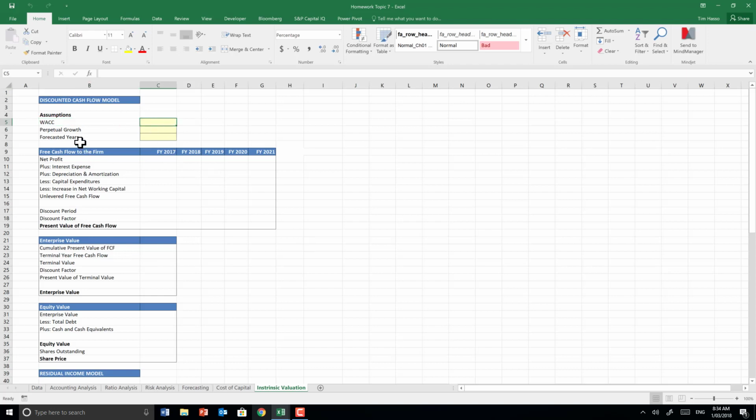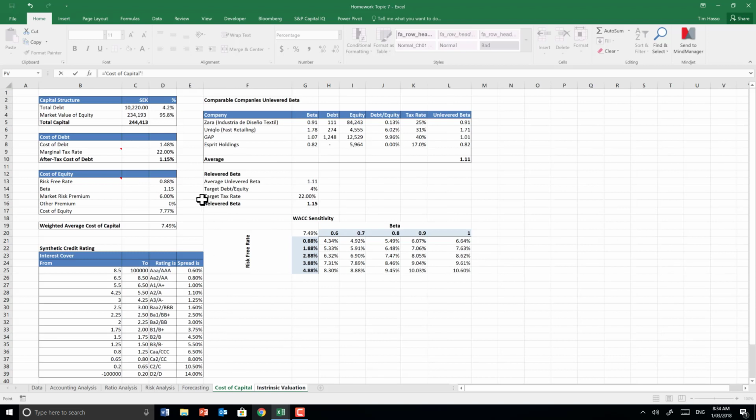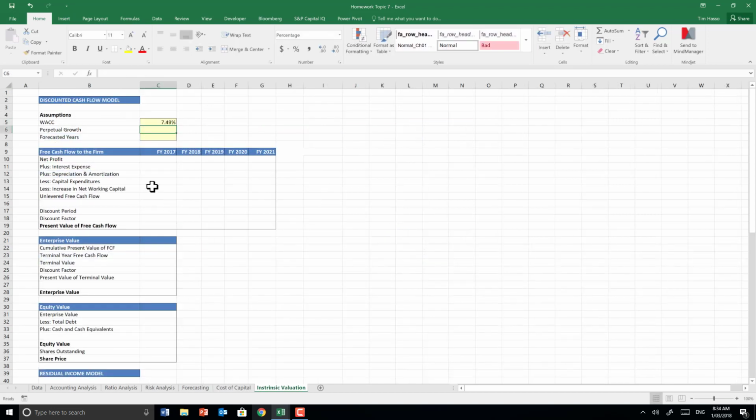The assumptions that we need for the discounted cash flow models are the WACC, the perpetual growth, and the forecasted years. The WACC, I'm just going to grab from what I calculated last week, so it's 7.49%. I then want to look at my perpetual growth.